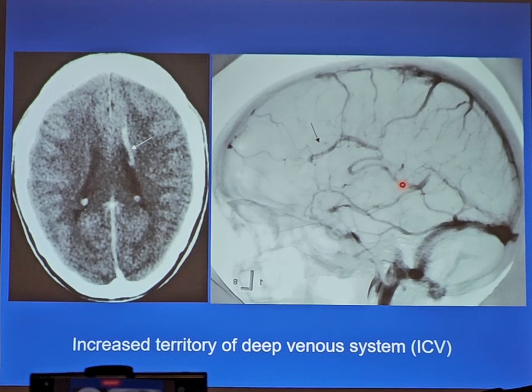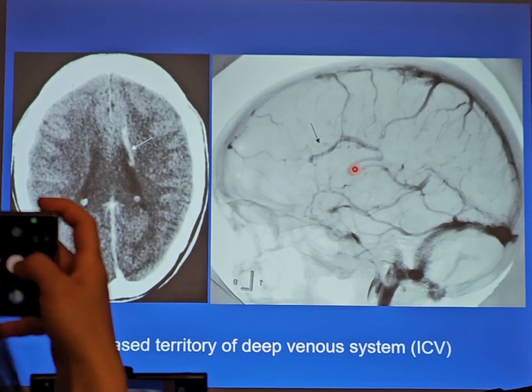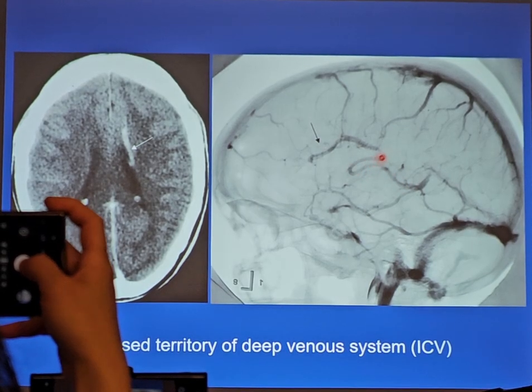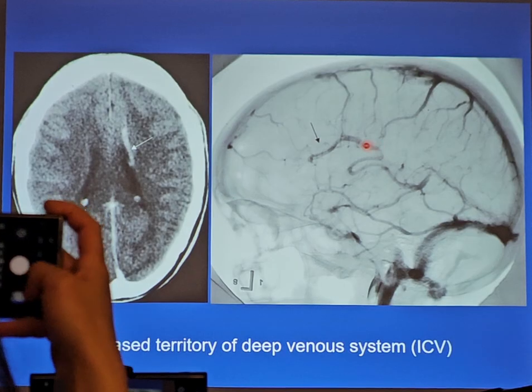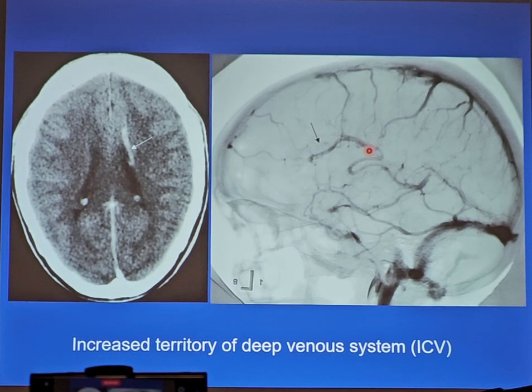We see that the internal cerebral vein can have an increased territory beyond its normally expected territory, and we see an extension of the thalamostriate vein because of the absence or poorly developed superficial system. The thalamostriate vein in this case drains a larger territory.